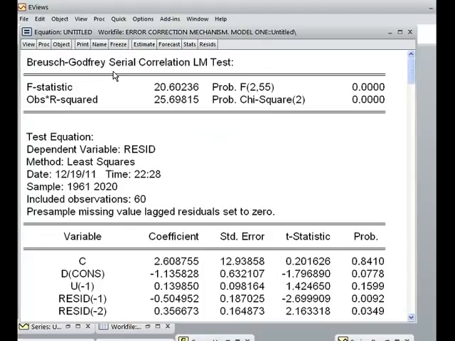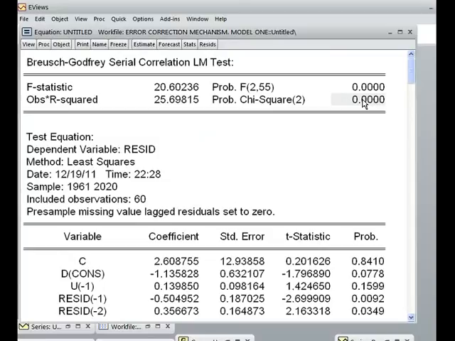So it is the Breusch-Godfrey serial correlation test, and normally we choose observed R square and the corresponding p-value. What is the p-value? The p-value is less than 5%, meaning that we reject the null hypothesis and accept the alternative hypothesis. And what is our alternative hypothesis?